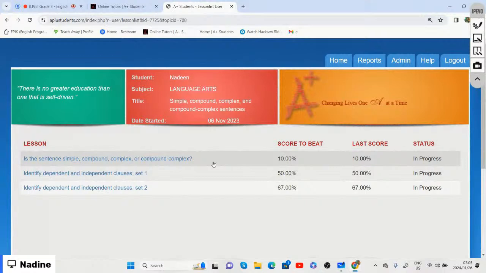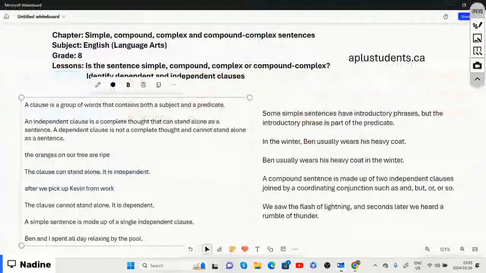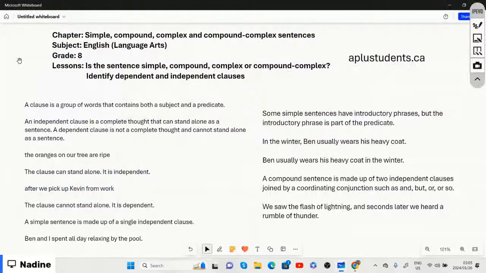Right, so that is going to be our chapter for today, and then we're going to do a few lessons under that. Our subject is English, which is language arts, grade 8.